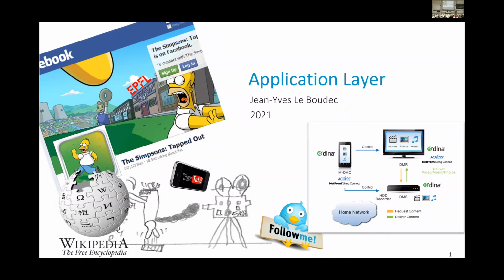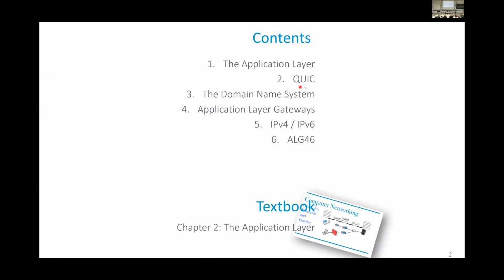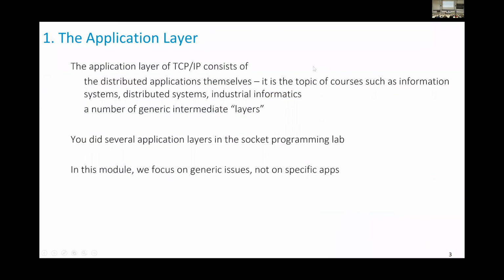BGP is just under the hood. I call it application layer, but in reality, I'm cheating a bit because we will also discuss QUIC, which is for me really transport layer, but officially in the layering scheme is not transport layer. We'll talk about it. So the application layer is anything useful that we do with the internet.